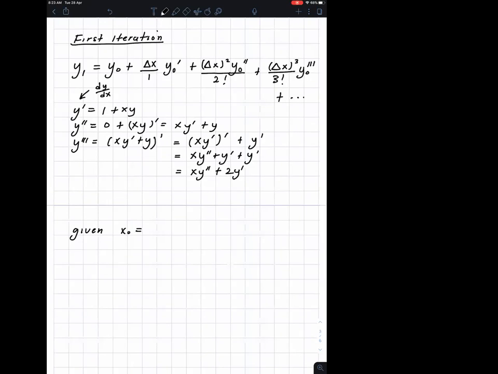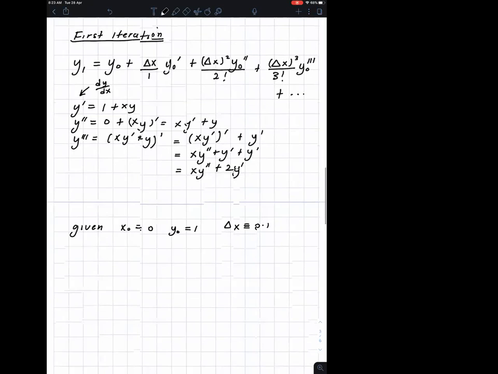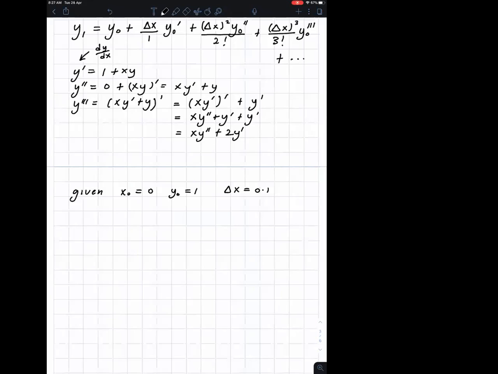So now you're going to evaluate the first derivative, second derivative, and third derivative using the initial condition with delta x equal to 0.1. Given x naught is 0, y naught is 1, and delta x is 0.1.